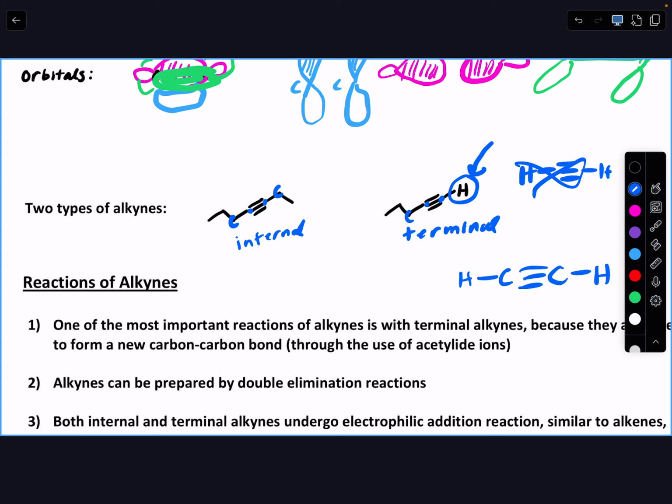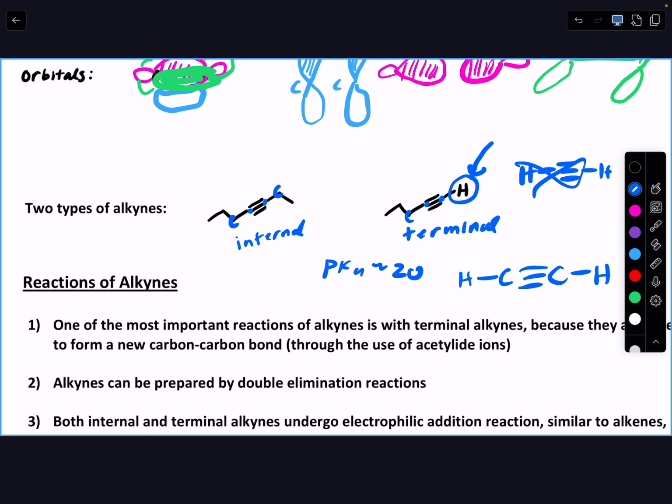Close, a little lower. 28. 20, yeah. The pKa is around 20. Why do I feel like I'm off on that? Either way, that's a close enough estimate.